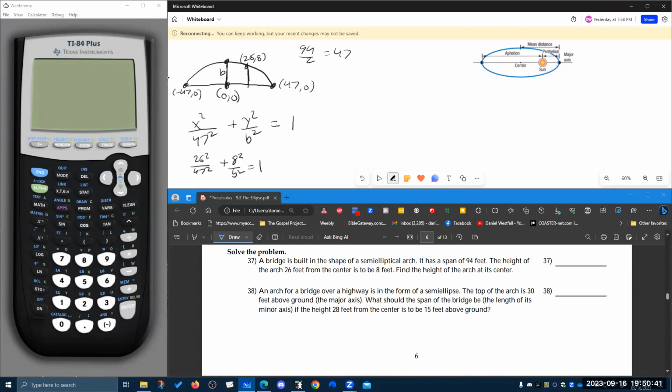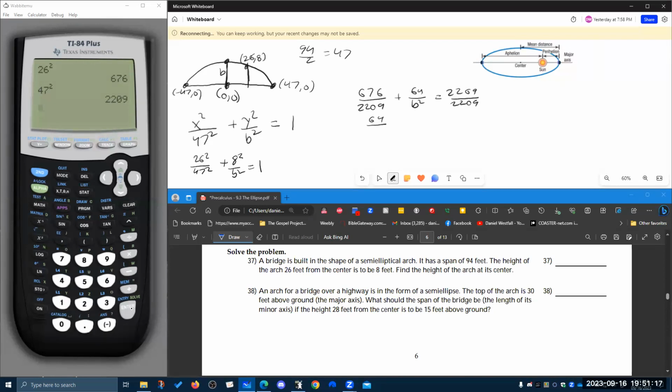That means I have 26 squared, which is 676, over 47 squared, which is 2209, plus 64 over b squared equals, and I'm going to make the right-hand side 47 squared over 47 squared.